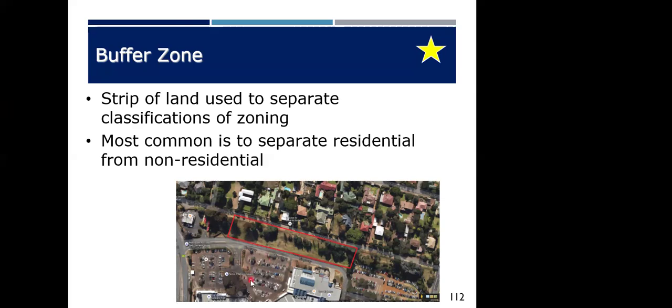Over here is some kind of, I can't tell if that's a commercial or an industrial warehouse or something, but I do know it's not residential. And so to keep the two separate, we have this tree space right here, which is our buffer zone, which is protected, which means if you go out there with your chainsaw and take that down, when you get caught, you'll suffer those consequences.